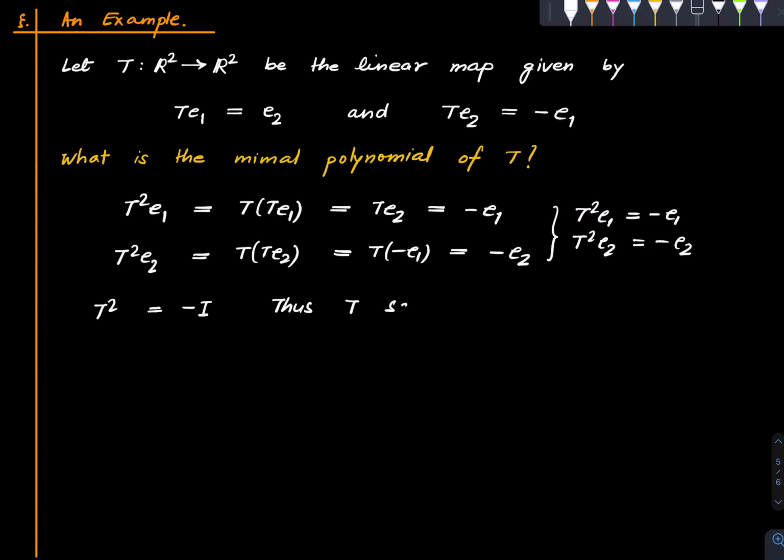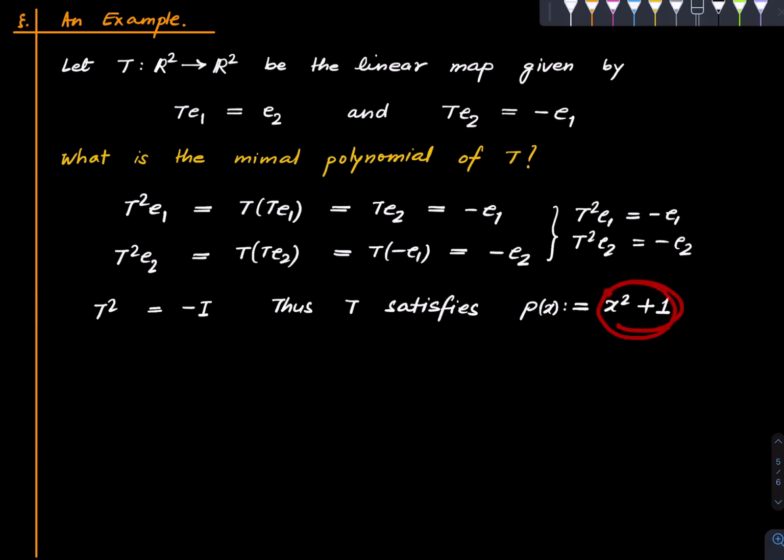So T squared must be minus identity, and thus T satisfies the polynomial P(x), which is defined as x squared plus 1. That's what this equation tells us. And now the minimal polynomial, whatever that might be, should divide this, because the minimal polynomial of an endomorphism divides every monic polynomial that the endomorphism satisfies.